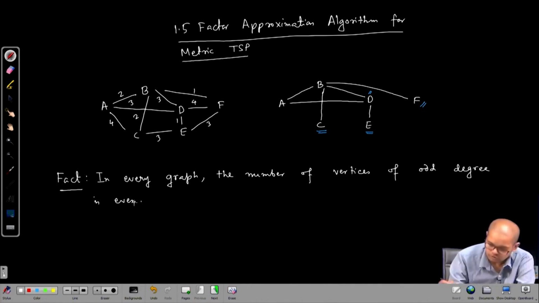Okay. So, here we have 4 vertices of odd degree.